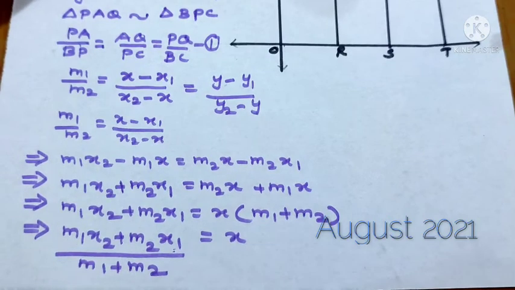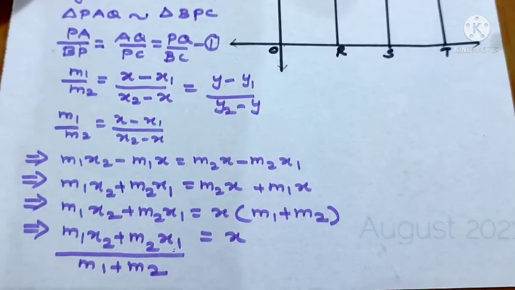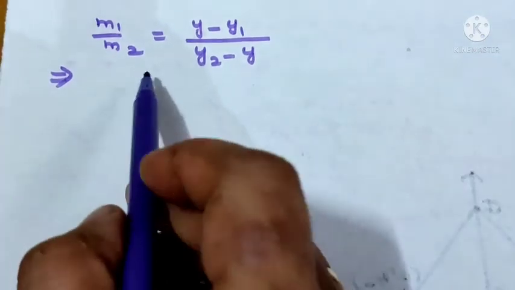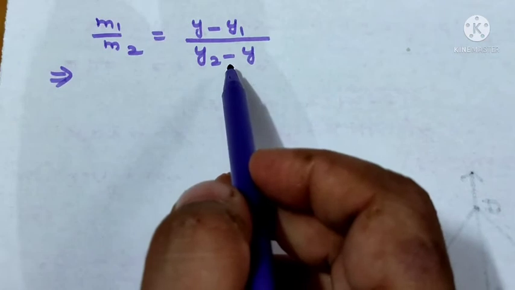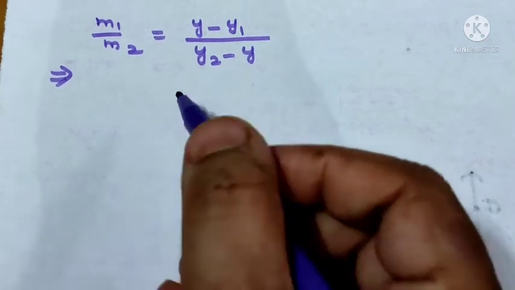Now similarly we have to get the value for y also. Similarly m1 by m2 equal to y minus y1 divided by y2 minus y. From where we got it? It is the first and the third ratio.